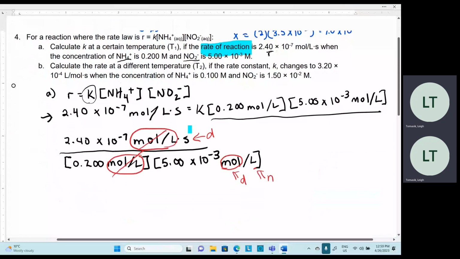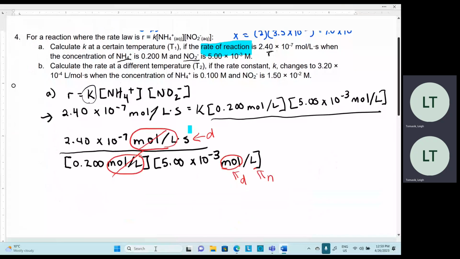So let's do the math part. What did I do with my calculator? Oh, okay. Actually, I have a calculator on my computer.